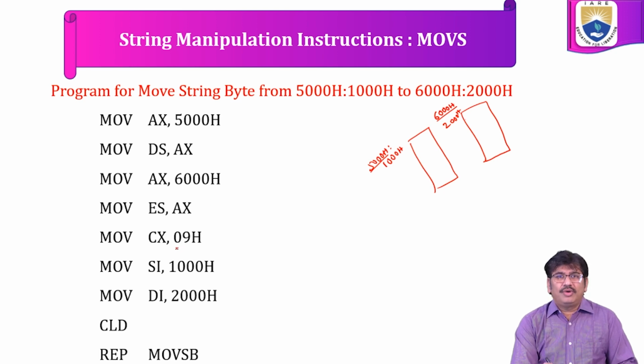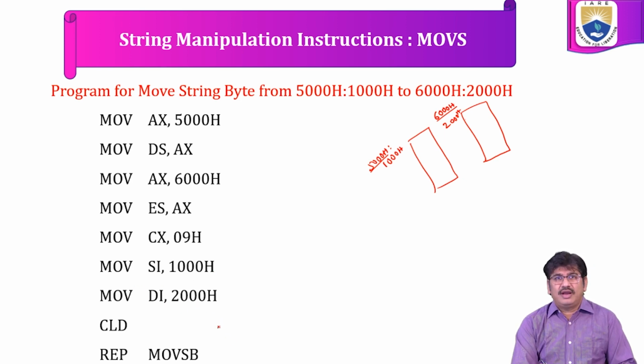The number of memory locations which we are moving is 9. So for that we are loading the CX register with the MOV instruction: MOV CX, 09H. The offset values we are going to load into SI and DI respectively for the data segment and extra segment. MOV SI, 1000H. MOV DI, 2000H.